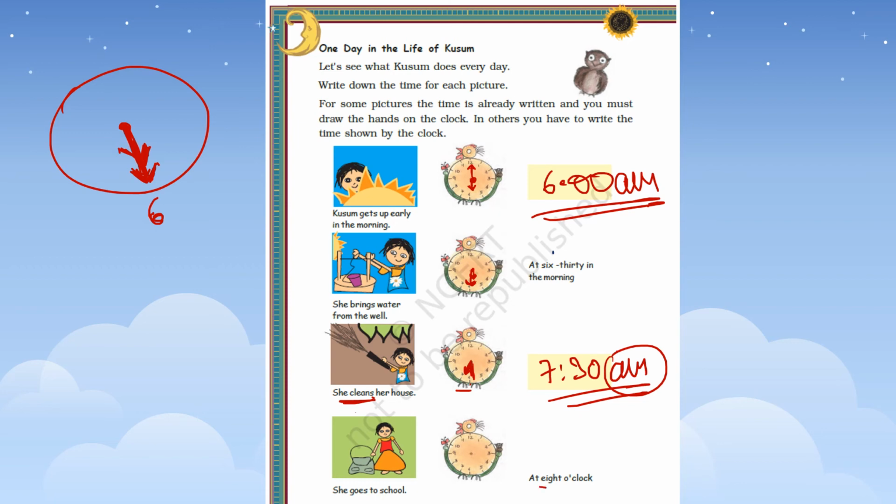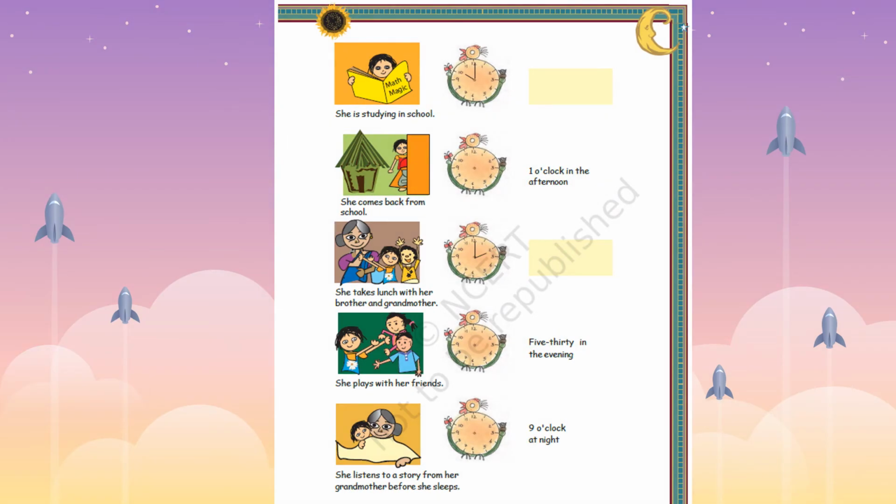Okay, at 8 o'clock in the morning, she goes to school. So the hour hand will be at 8 and the minute hand will be at 12, right? I hope it's clear. Now, at this time, she is studying in school.